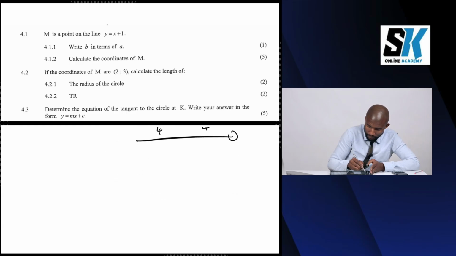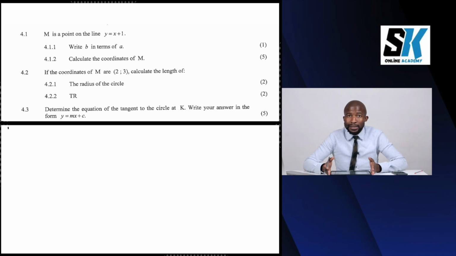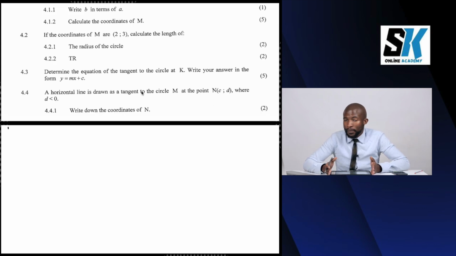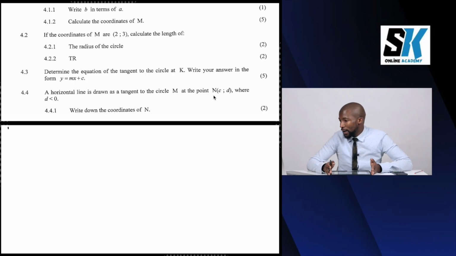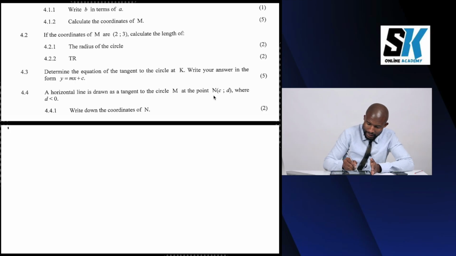So 4.4 goes as follows. They gave us a statement to adhere to. They say a horizontal line is drawn as a tangent to the circle M at point N, where the coordinates of N are (C; D), where D must be less than 0, my mistake.